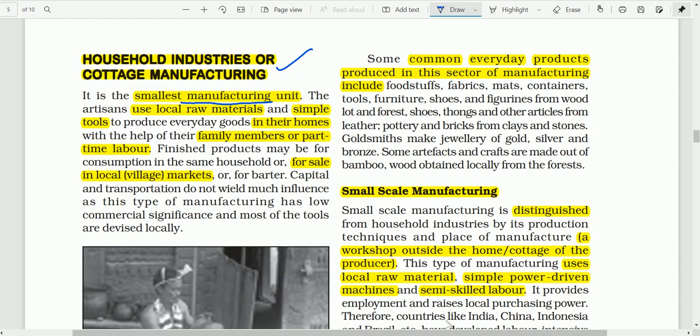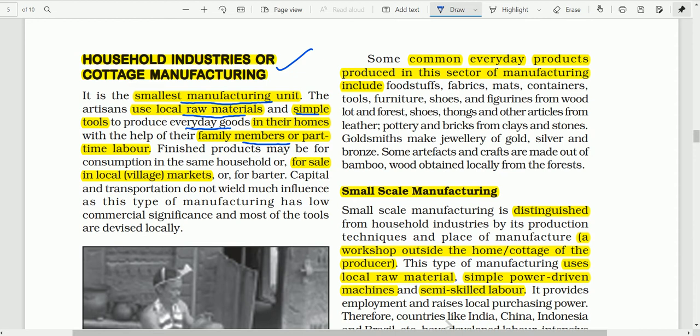The artisans use local raw materials and simple tools to produce everyday goods in their homes with the help of family members or part-time labor. So these are the important characteristics of these cottage industries.